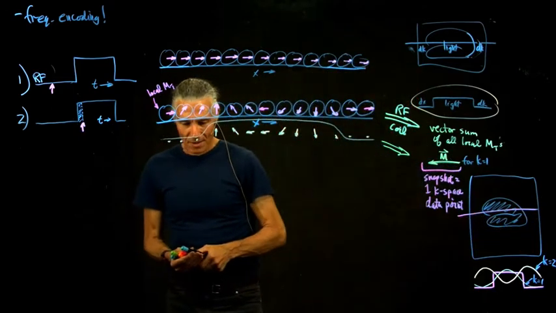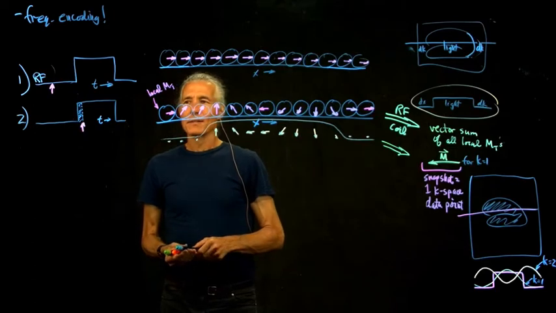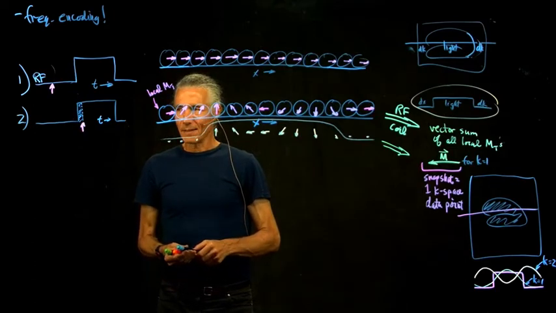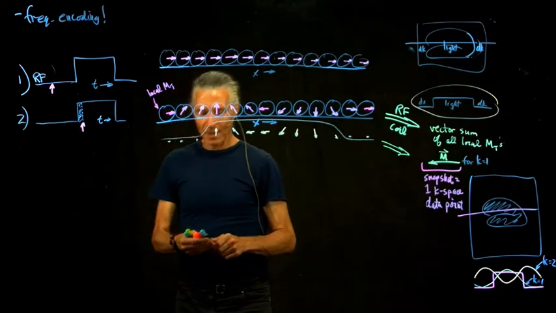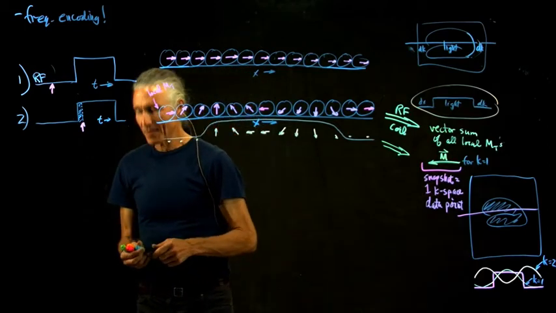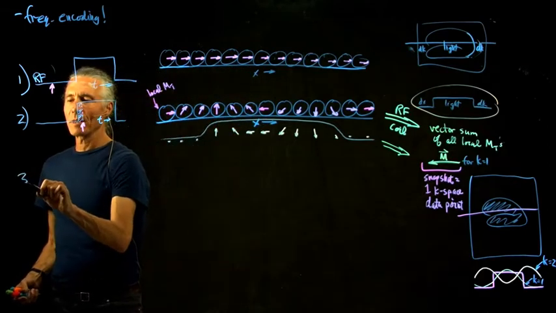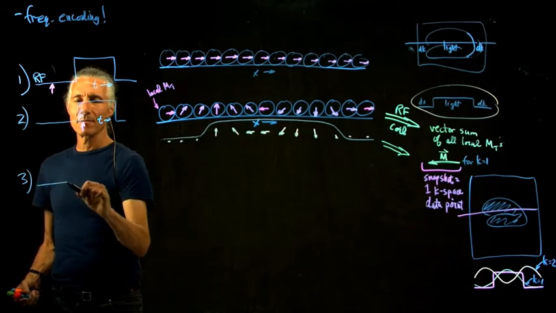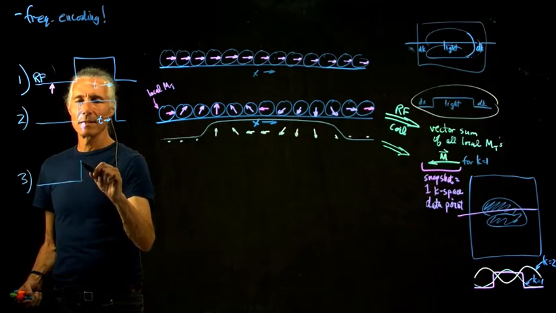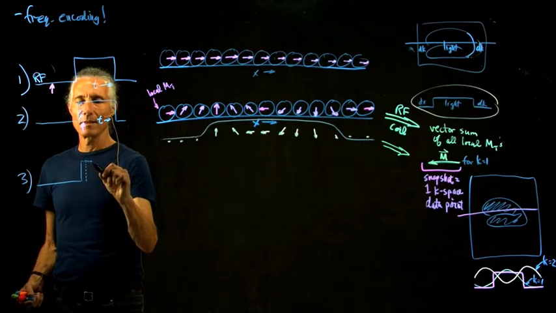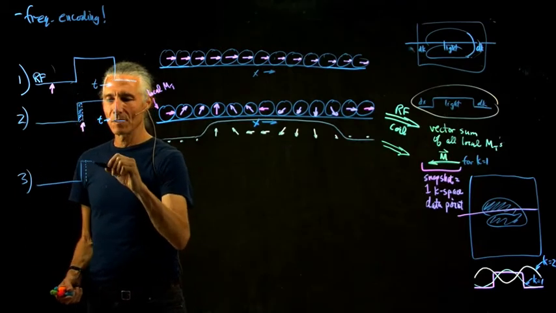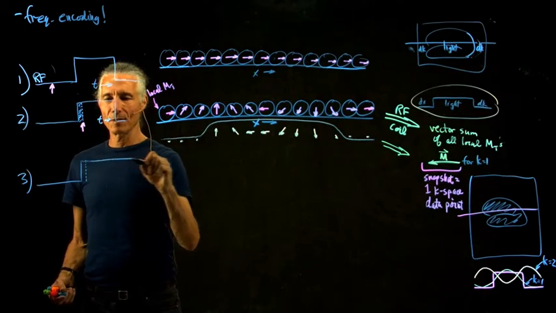Okay, so now what do we do? We just leave the gradient on. And so if we leave the gradient on, so here's point 3. So now we just leave the gradient on, and let's leave it on for, I'll just do 2. Okay, so leave it on for 2.